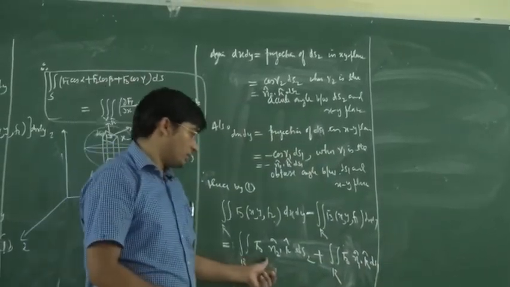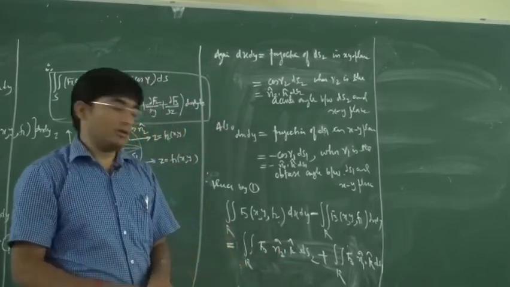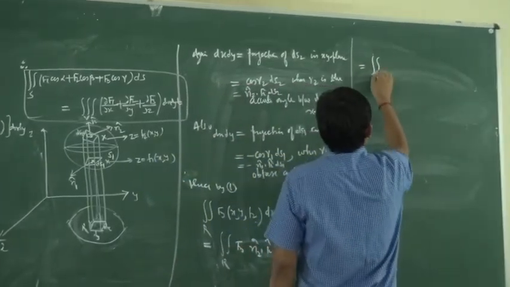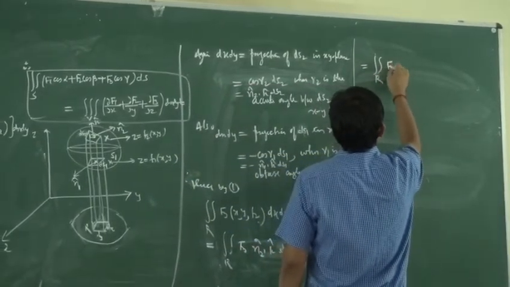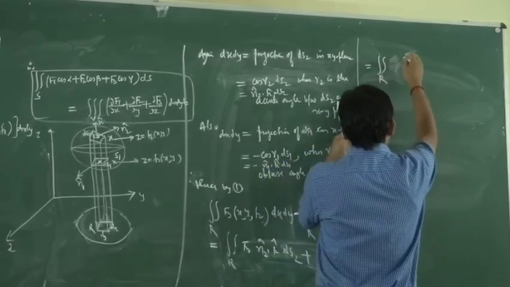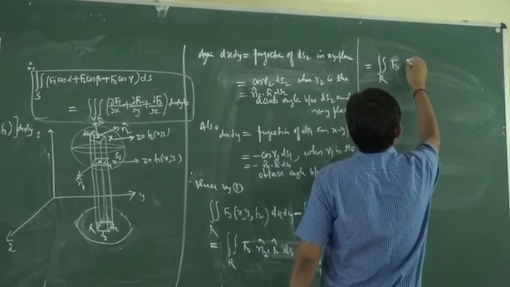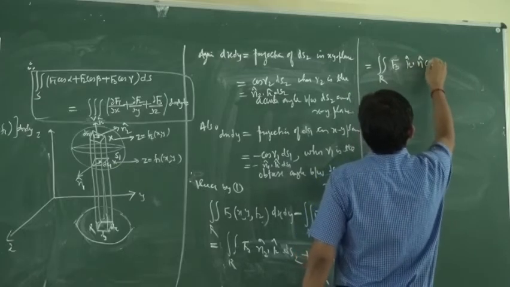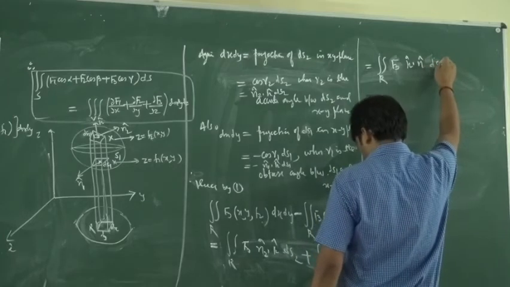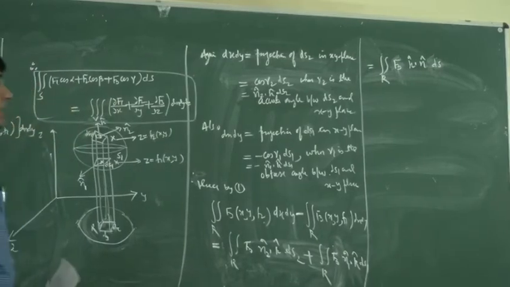If you take f3 k cap common, then in the bracket we have n1 plus n2, which we can say is the normal vector n. So we have k dot n, then dS1 plus dS2, say this is dS. So the value is equal to f3 k dot n dS.